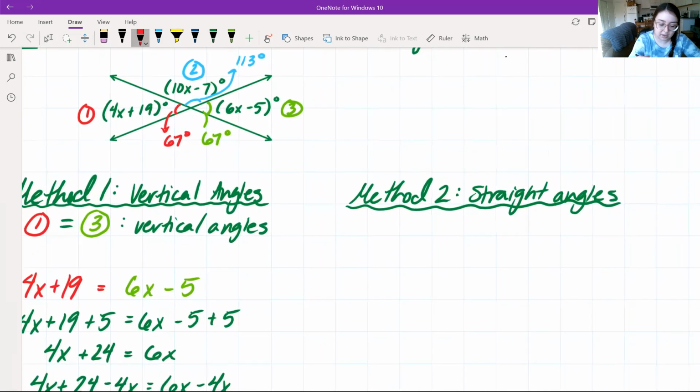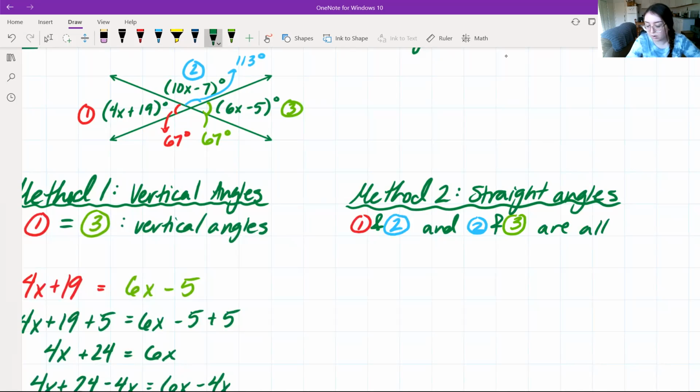So in this case, 1 and 2 and also 2 and 3 are all straight angles.